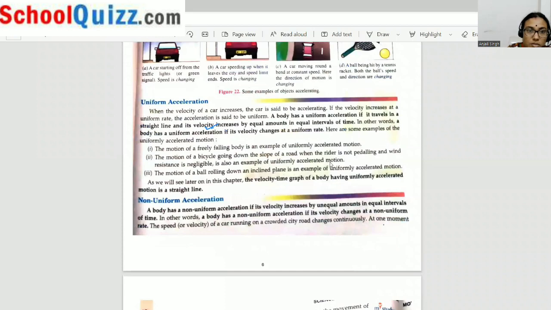Yeah, about uniform and non-uniform acceleration. It is the same as uniform motion or uniform speed.